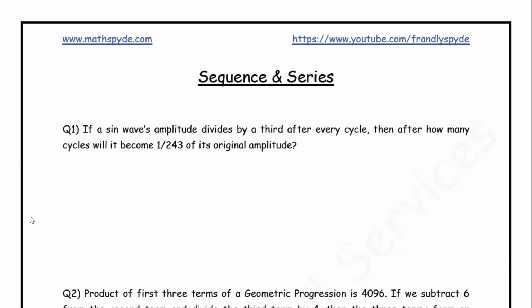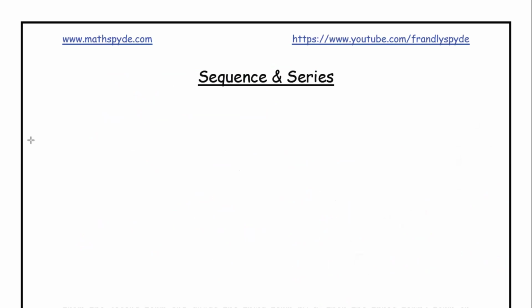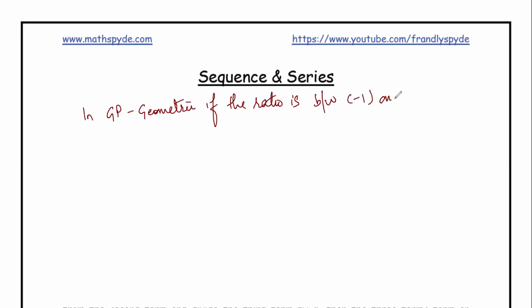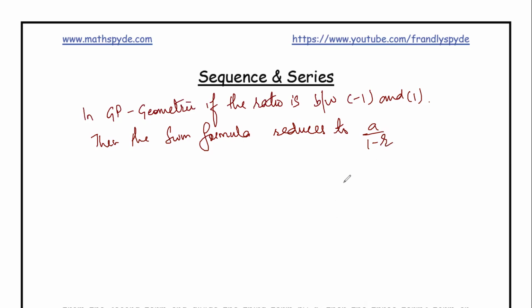So in geometric progression, if the ratio is between -1 and 1, then the sum formula reduces to a upon 1 minus r.